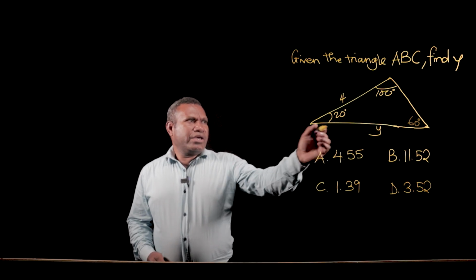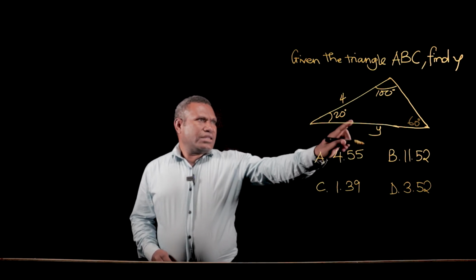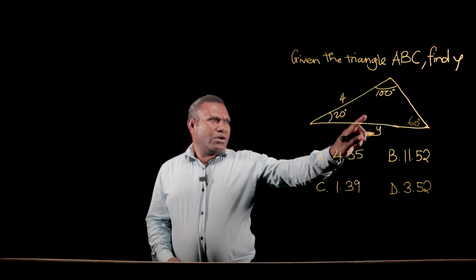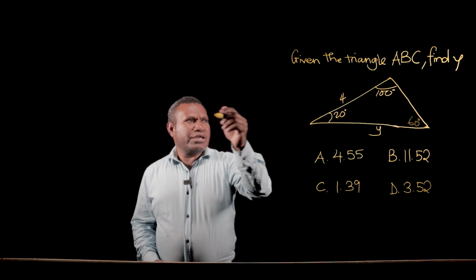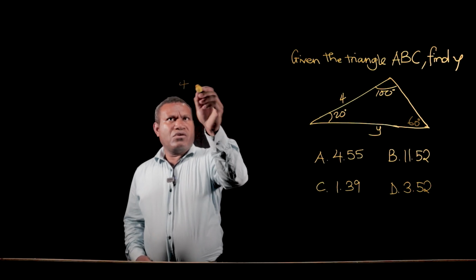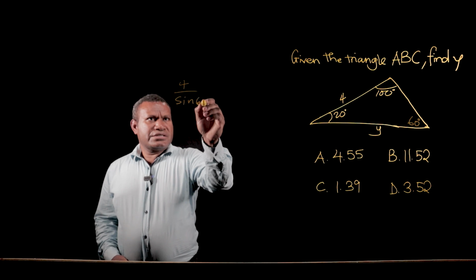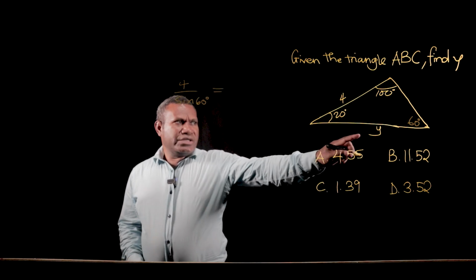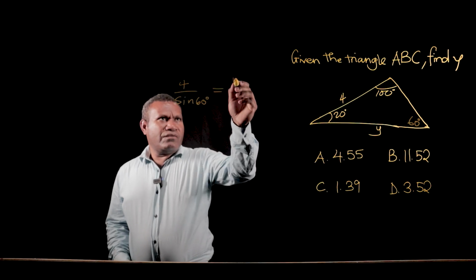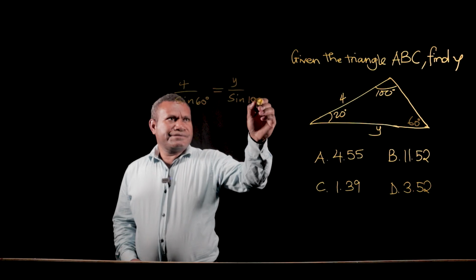Starting with this side here, we are given this angle and the opposite side is 4. So we can write 4 over sine 60 degrees, which will be equal to, the unknown is y, so we write y over sine of 100 degrees.